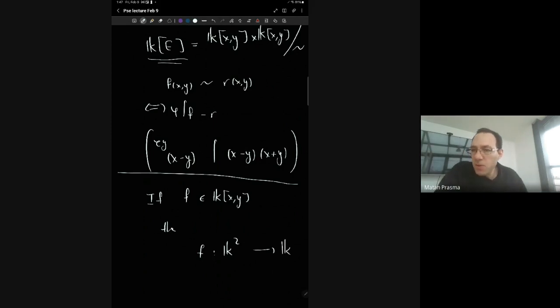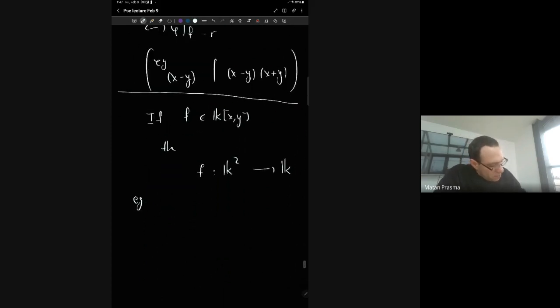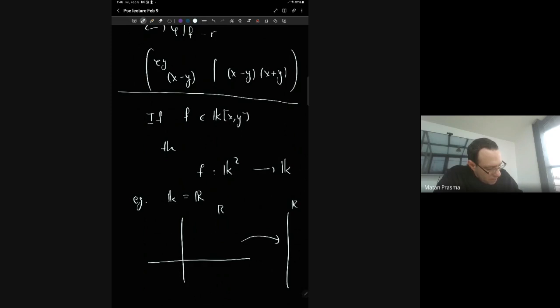Right? You simply take a point in k squared, you substitute it in the polynomial, you get an element in k. So if k is equal to R, you can really view a polynomial in two variables as an actual function that goes from the two-dimensional plane to the one-dimensional line.